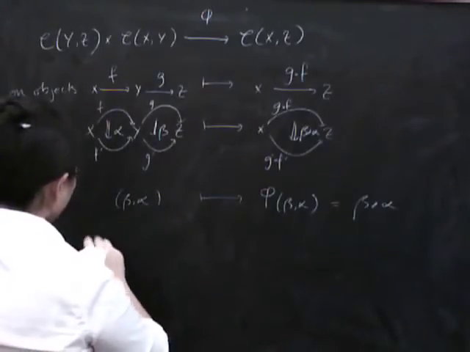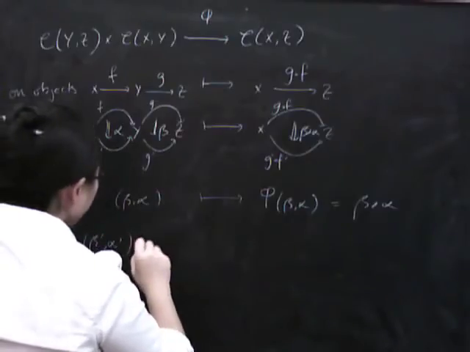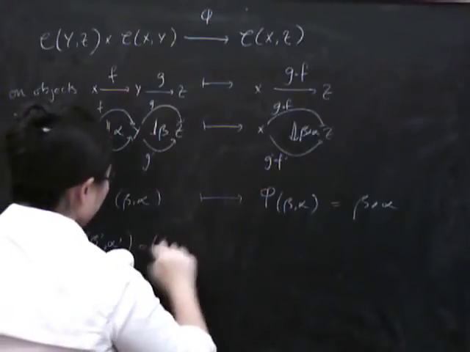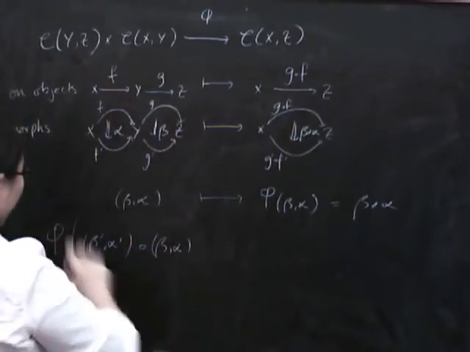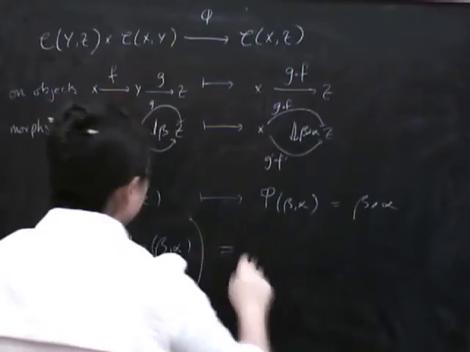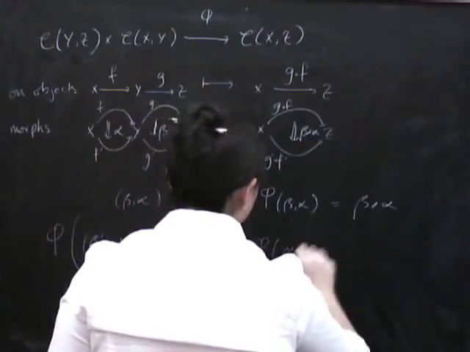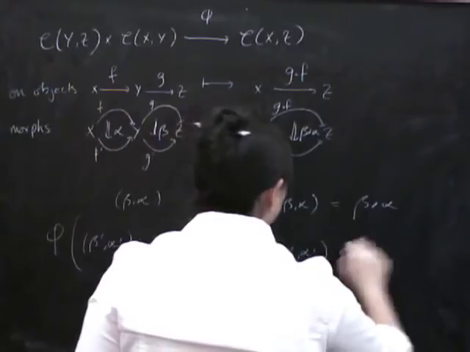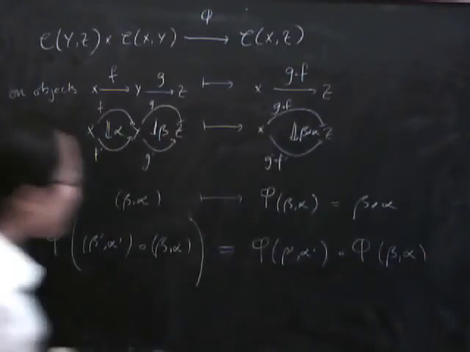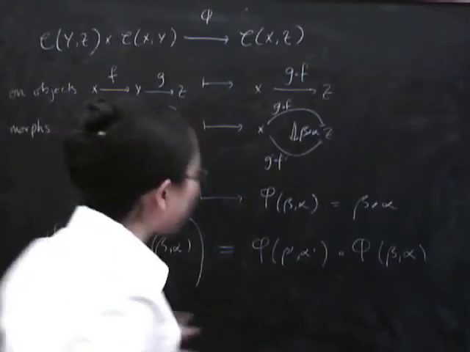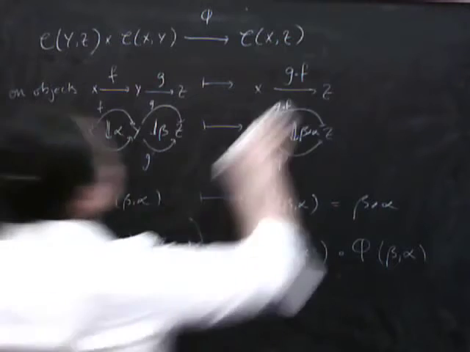Say, we might have beta primed, alpha primed, which we can compose with beta alpha, and we have to show that phi of the composite equals what we do individually, phi of beta primed, alpha primed, composed with phi of beta alpha. So now let's look at what on earth this beta and alpha and beta primed and alpha primed would be.